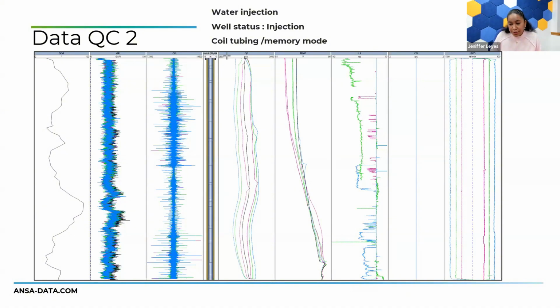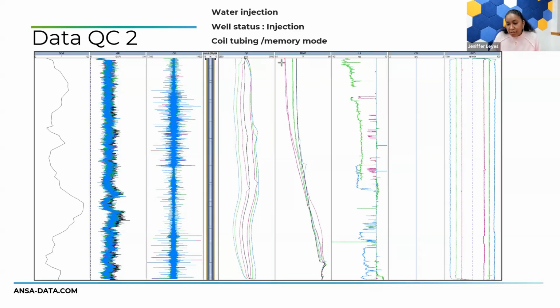We have our pressure curves from our different passes, and we can see that they generally repeat in profile. However, there is a noticeable separation between them, and perhaps this is indicative that the well is still stabilizing while we are taking this survey.